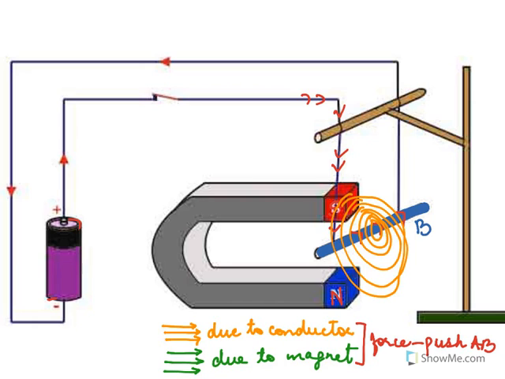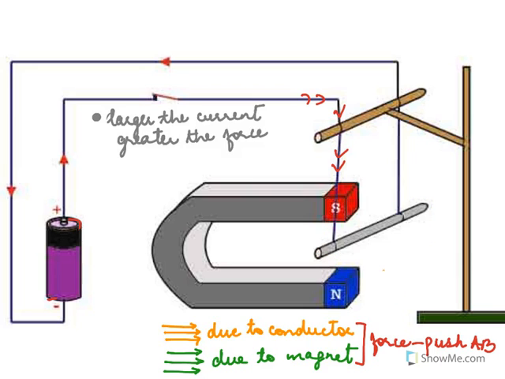So one factor on which it depends is: larger the current, greater is the force. Another factor on which it depends is the length of the conductor. A short conductor produces a weaker field, while a long conductor produces a stronger field. So longer is the length of the conductor, greater will be the field, and greater will be the force acting on the conductor.